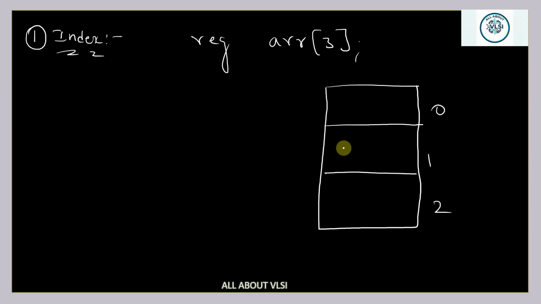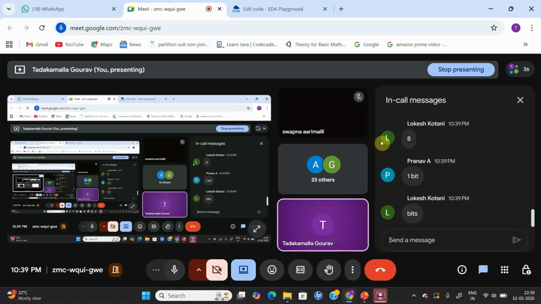Now, what will be the width of each location? Each location can contain how many bits? Only one bit. Exactly. This is a very important observation.